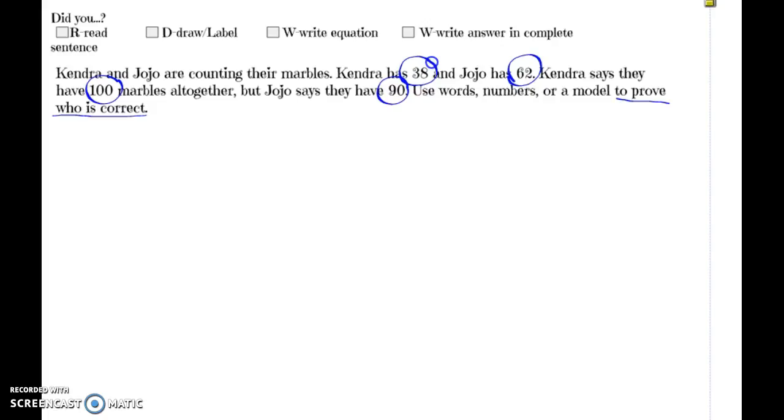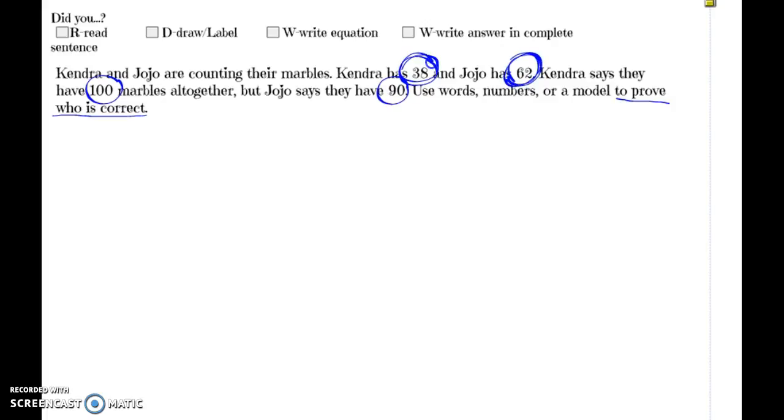So I now need to determine what numbers I need to use. I know that Kendra's saying that they have 100, and JoJo's saying that they have 90, and those would be the whole amounts. So I'm not going to use those two numbers to solve. I know that I'll need to use 38 and 62.